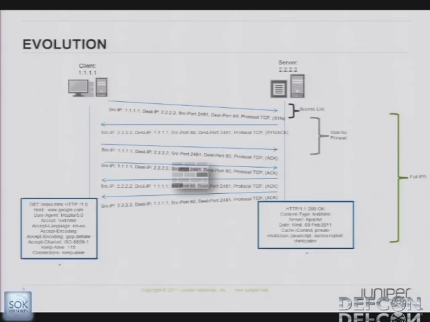So we got full IPS to handle the limitations of stateful firewalls and access lists. And now we have application firewalls, and you'll see, and this will be part of the talk, they cover a lot less than what full IPS did, but we'll see a little bit more of that.